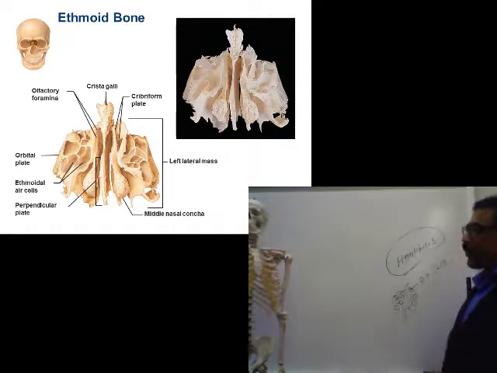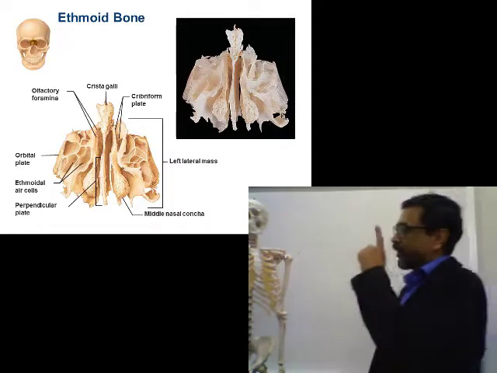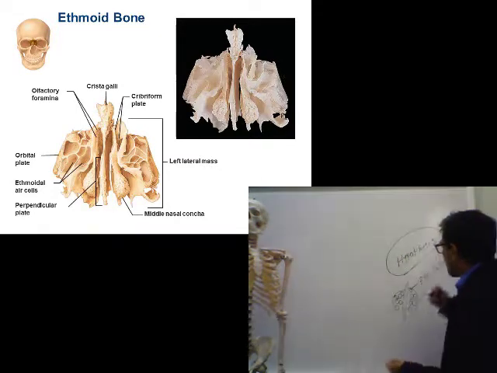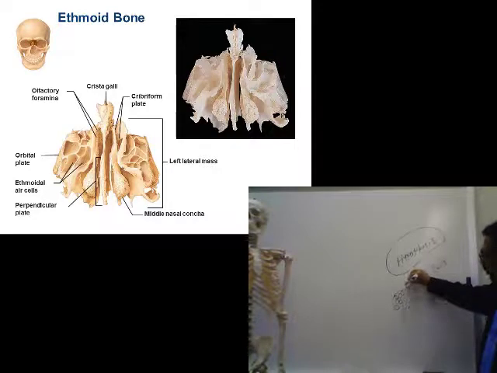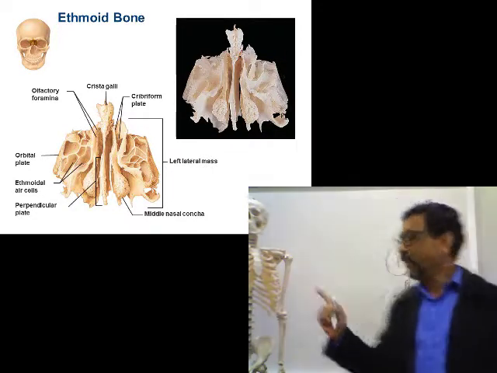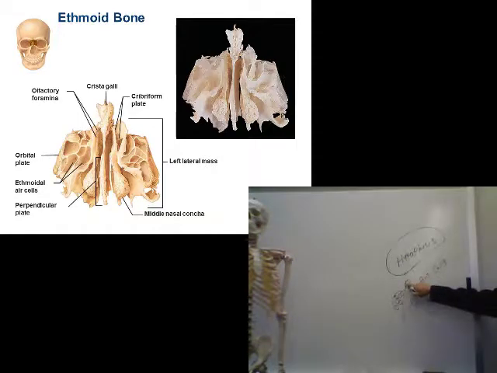Now the middle portion, in the top part of middle portion the structure is called crista galli. So the top part of middle portion here, that is called crista galli. You see the picture there.